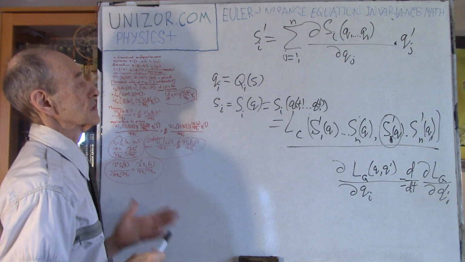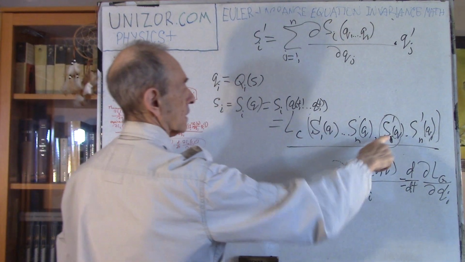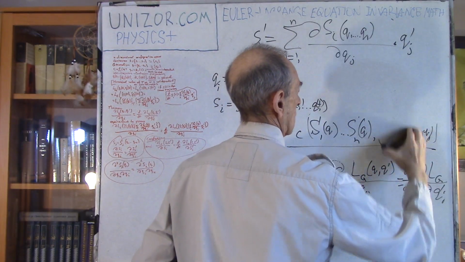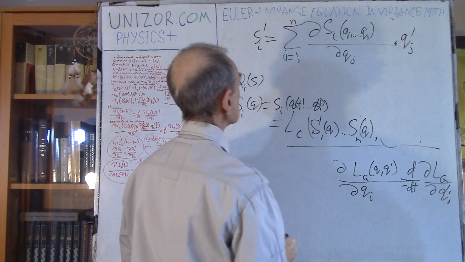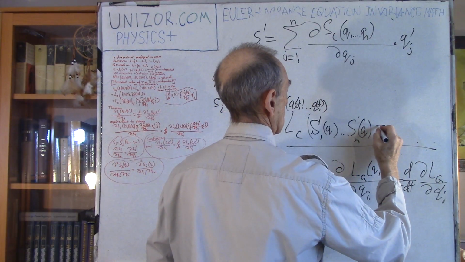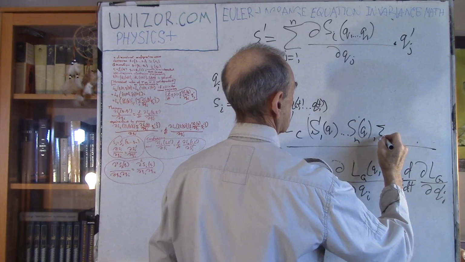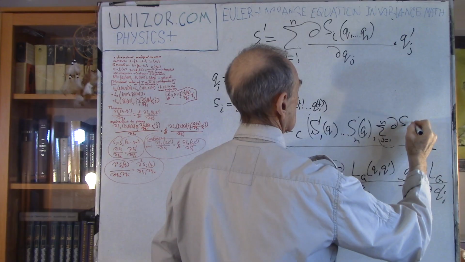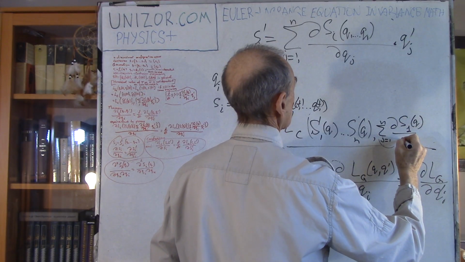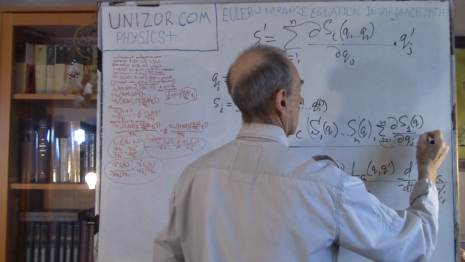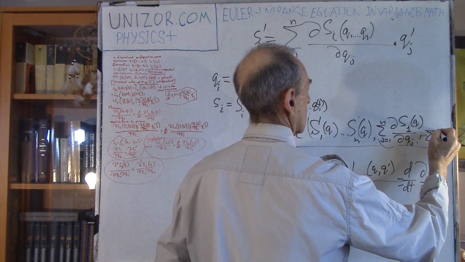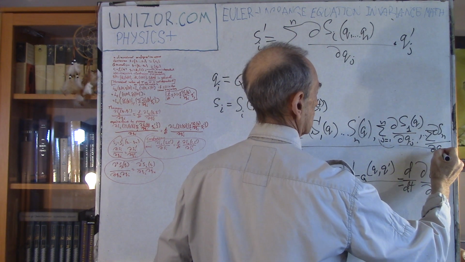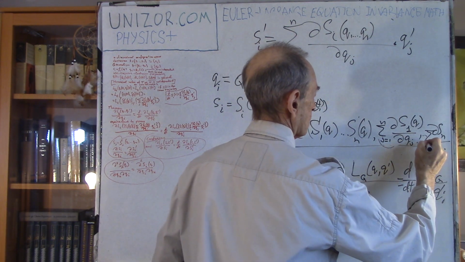Okay, so I know this function. So now I can replace this with sigma from j equal to 1 to n of dS_1 by dq_j, etc., sigma of dS_n by dq_j, times q_j prime.